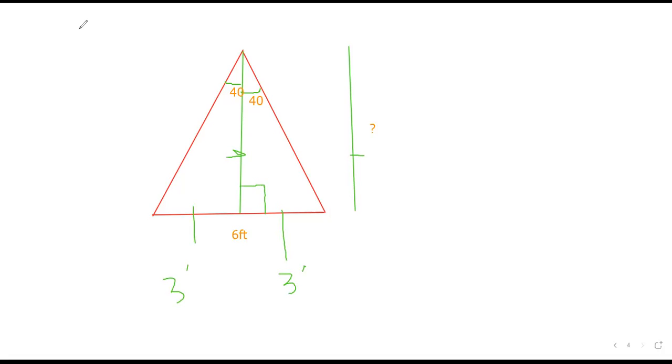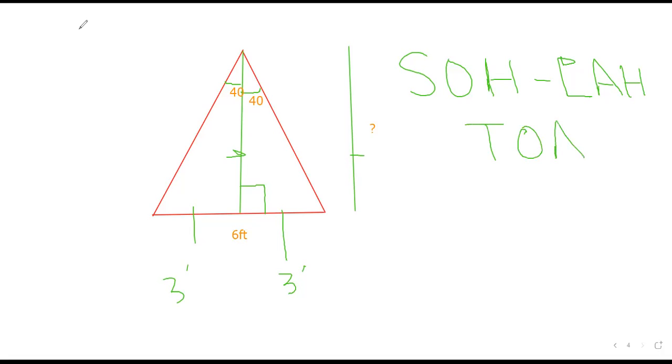So here you will have to recall SOH, CAH, and the last one TOA. SOH CAH TOA. You will have to select the suitable one for this triangle.